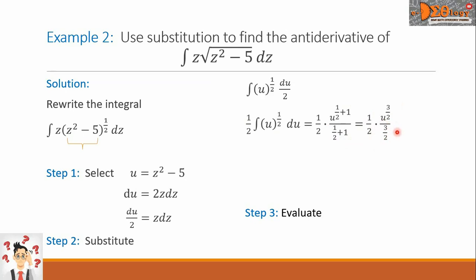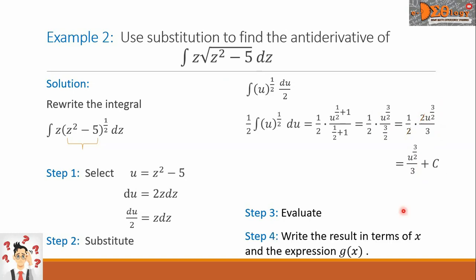Let us simplify the denominator 3 over 2 by flipping it up, thus making this denominator 2 here to be the coefficient of u in the numerator. So we have 1/2 times 2 u raised to 3 over 2 over 3. We can cancel the 2 and the 2. So we simplify our answer into u raised to 3 over 2 over 3. Then we write plus c.